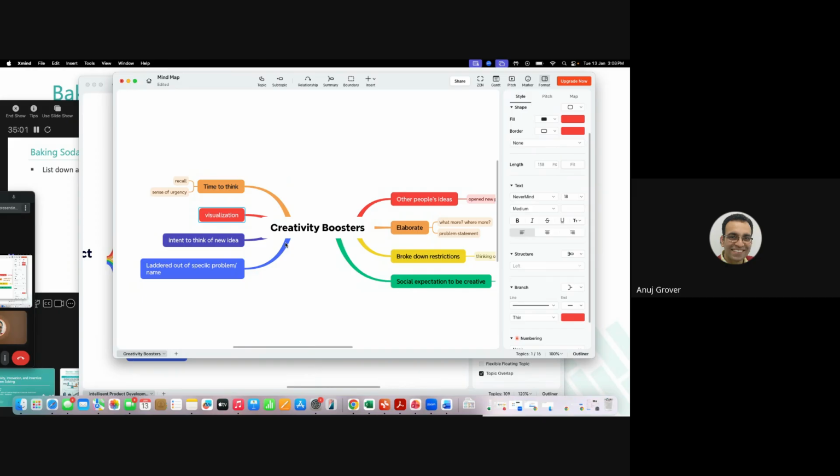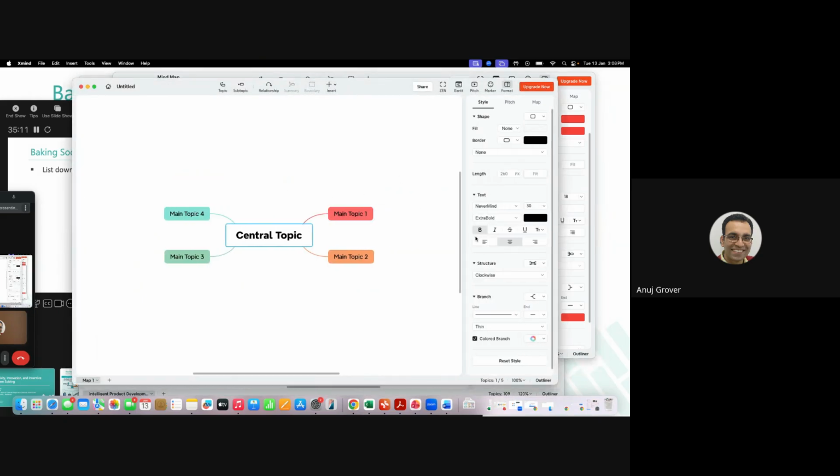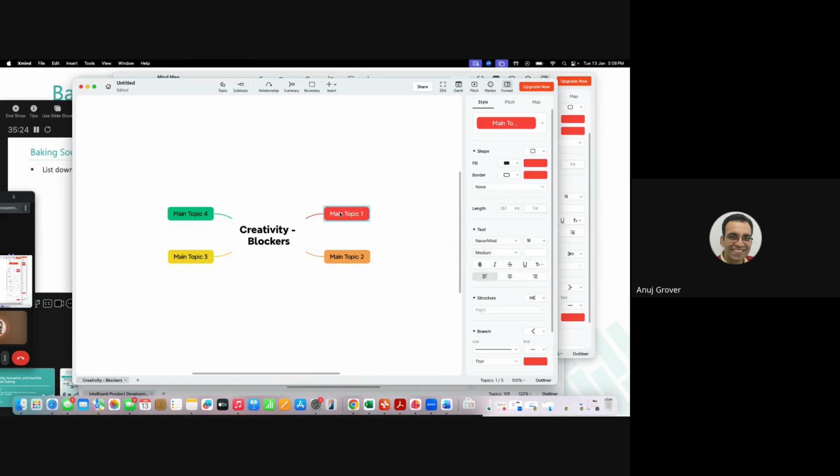So we are sabotaging ourselves. What are the things that are preventing us from being creative? What stopped you from coming up with new ideas?